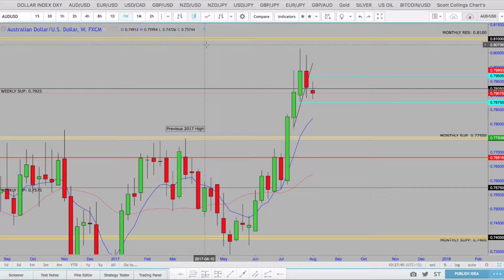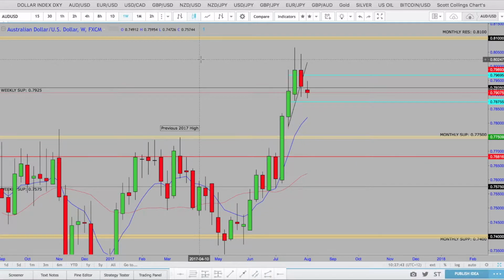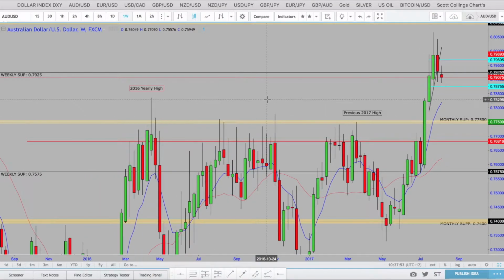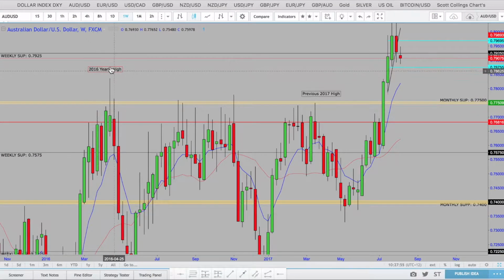But now what I'm looking for on this Australian dollar is a sort of pullback, because we've had just this big pop. If I zoom out, since this was a 2016 high, and this was in the month of April of last year, we have ever since just banged our head against this 77,500, which had become a resistance level.